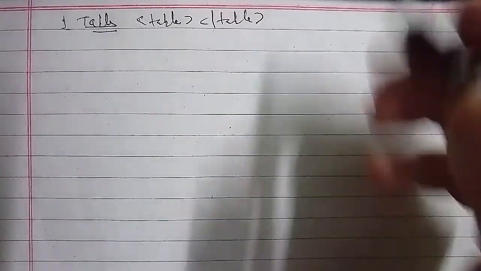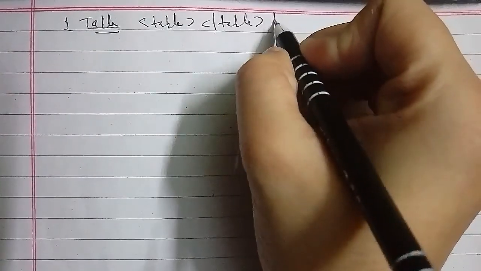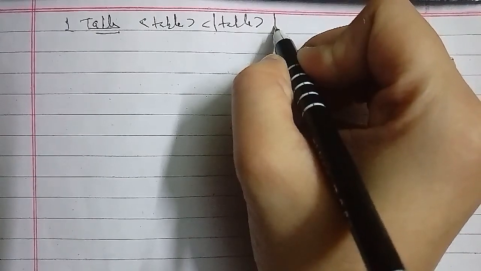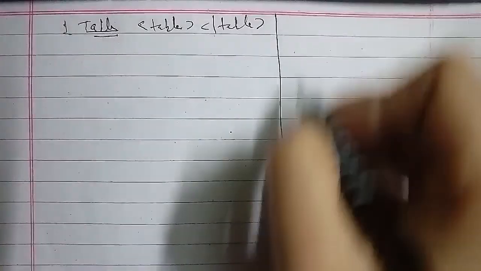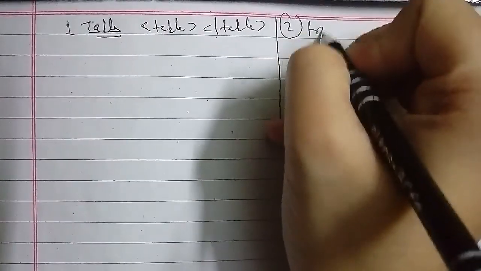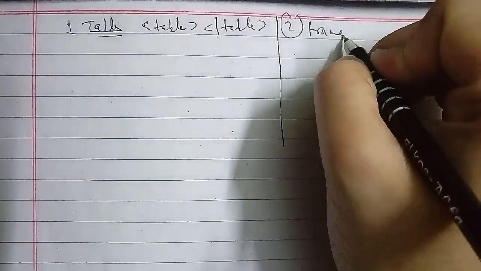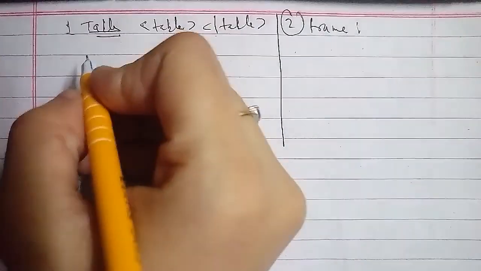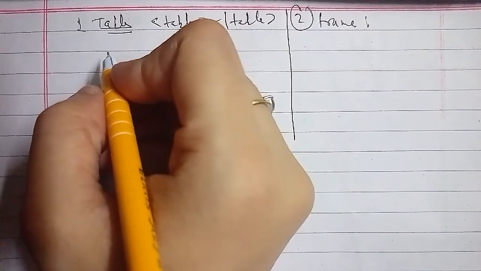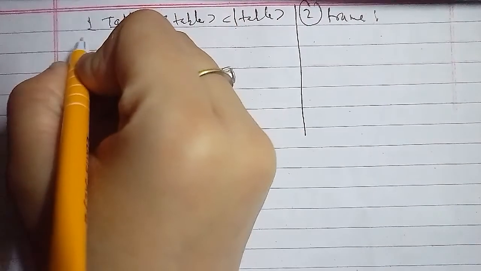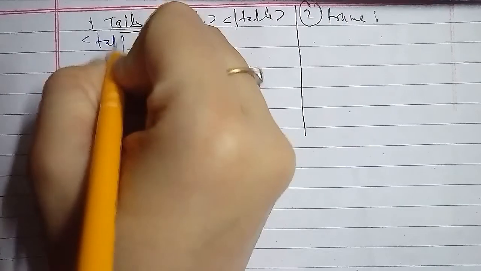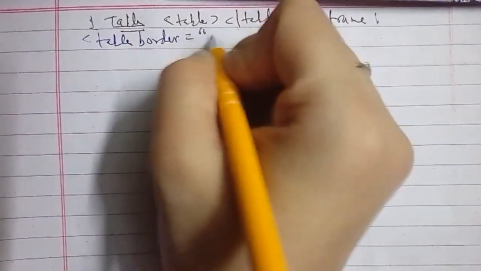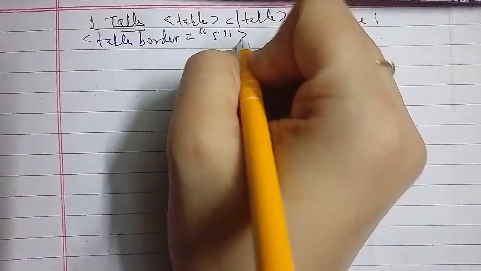In the table, for example, we are creating the table border equals to 5. So what will be the caption line? Caption align equals to water, and then b table demo, and then the closing tag.